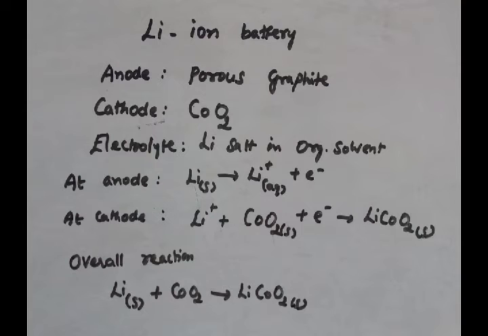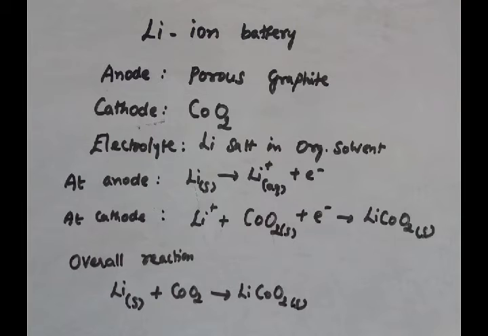Once we apply more potential than the EMF which is produced by the cell, at that time the cell reaction can be reversed. So the lithium ion battery can be reversed. That is what we are saying as discharge.